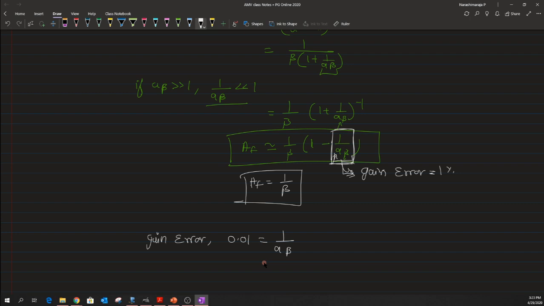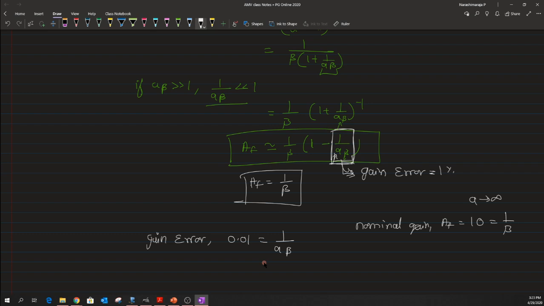We already know that the nominal gain of this closed loop feedback is given as 10, and this nominal value can also be written in terms of 1 upon beta, whenever the A is at infinity.